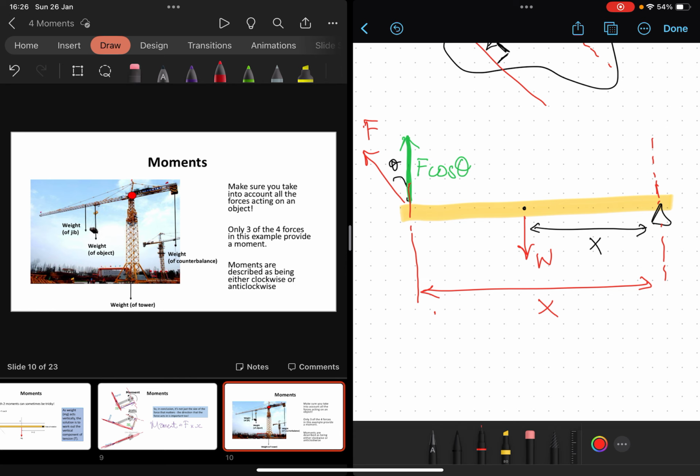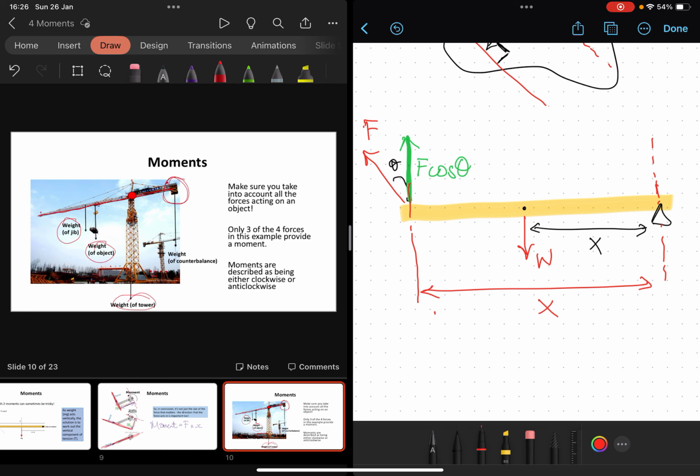Okay, the counterbalance are those weights that we bolt to the far end, the back end of the crane. We've got the weight of the tower, we've got the weight of the object that we're trying to pick up, and then we've got the weight of the crane itself. Okay, the jib is the horizontal beam, which is part of the crane itself.